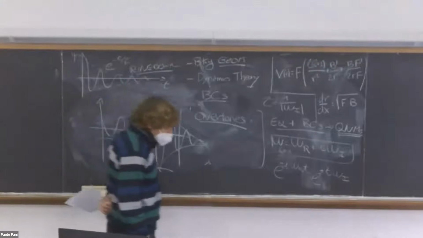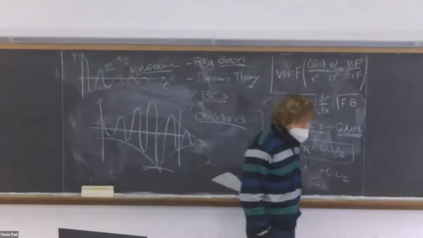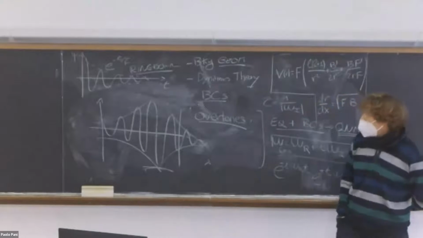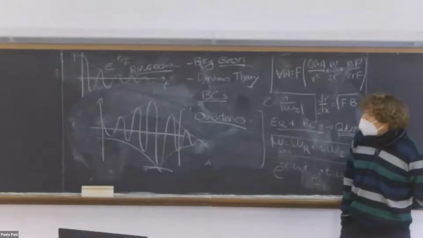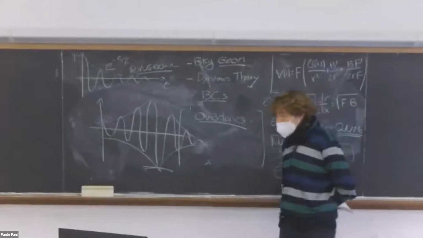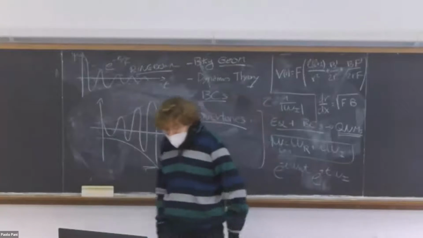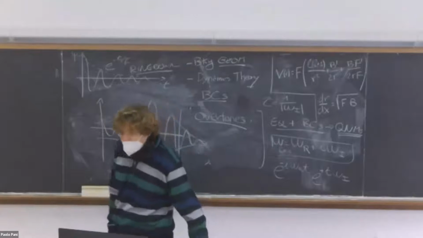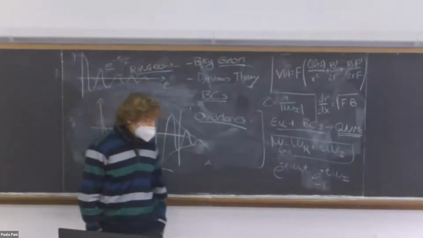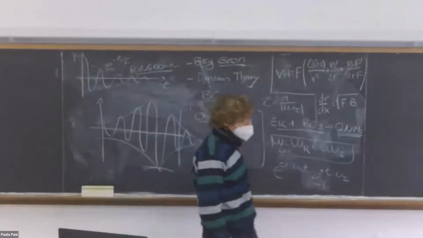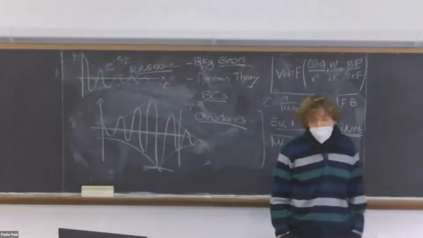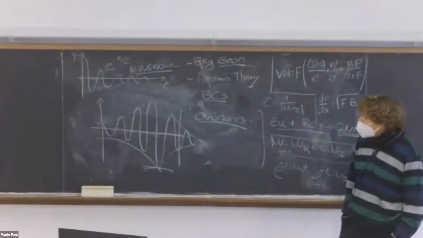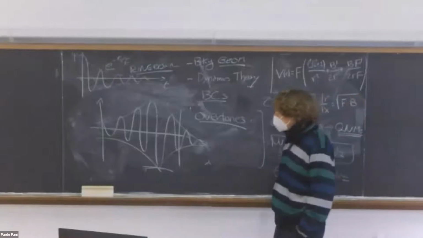Okay, so a few other comments I want to make is that I was focusing on the static case, so no spin. What happens in the spinning case? So luckily enough, for a Kerr black hole, the linearized perturbations are still separable in terms of what is called the Teukolsky equation.